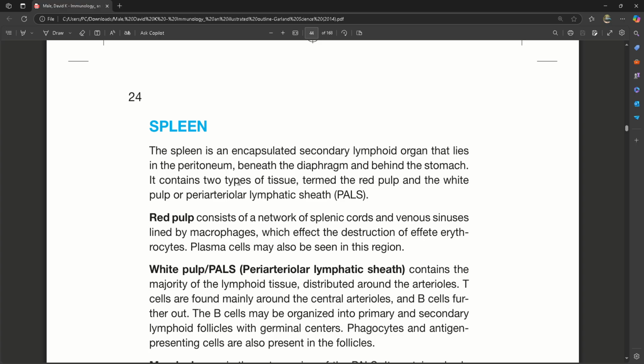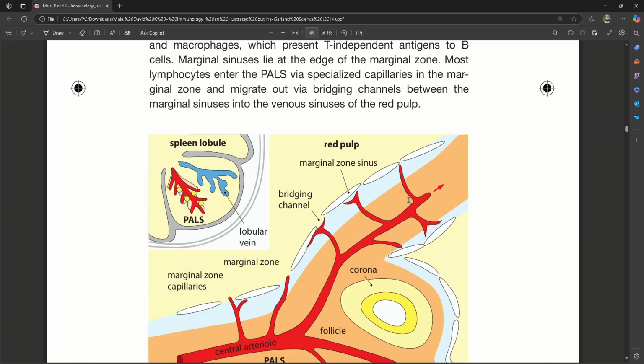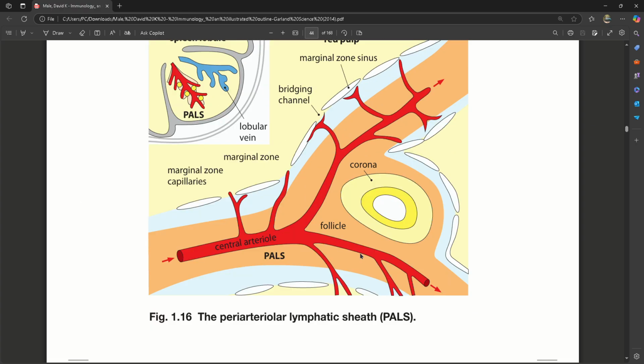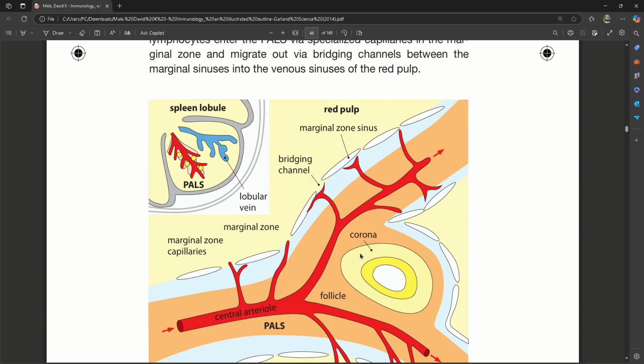So spleen is an encapsulated secondary lymphoid organ that lies in the peritoneum, beneath the diaphragm and behind the stomach. It contains two types of tissue termed the red pulp and the white pulp.